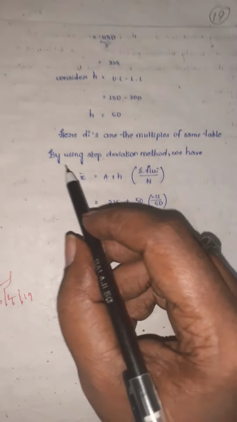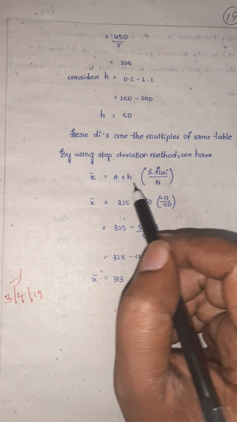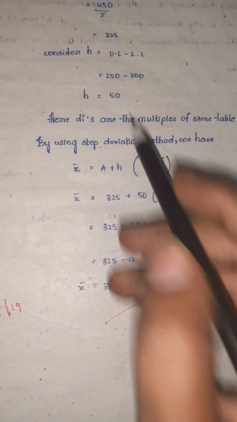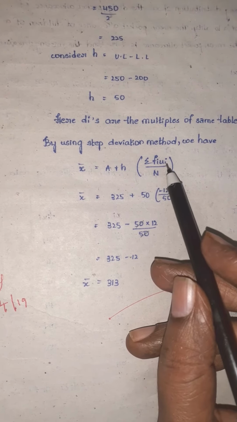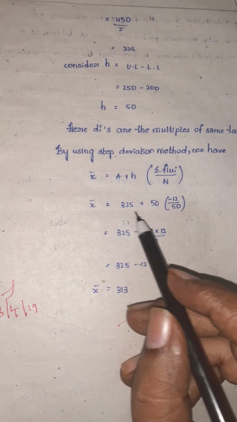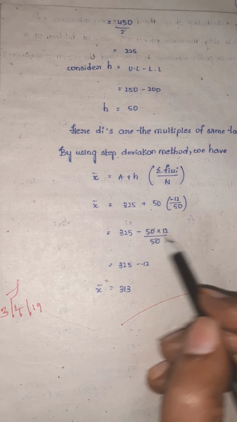So by using the step deviation method, the mean formula is x bar equals a plus h into sigma fi ui by n. The a value we have taken is 325. Plus h, which is 50, into sigma fi ui, minus 12, by 50. Here don't do 325 plus 50. Why? Because 50 is there for this value.